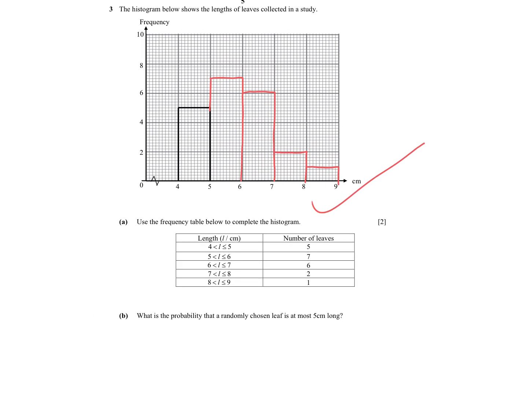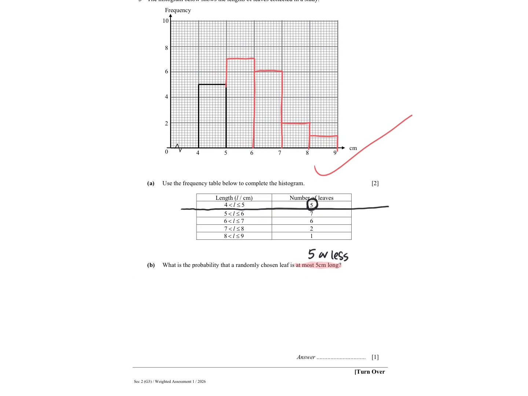Okay. Shh. This is at most. At most means 5 or less. So 5 or less is only this 5. This is more than 5 already. So I only have 5 leaves.